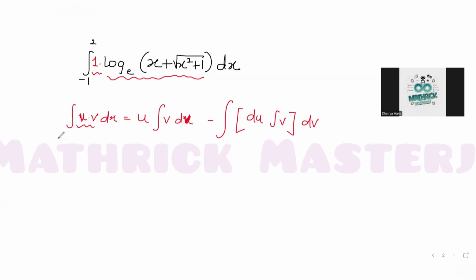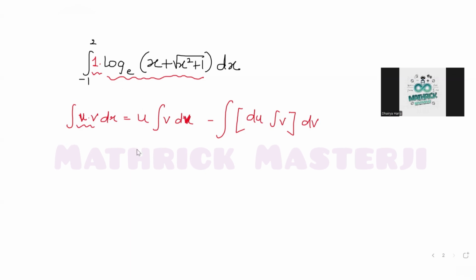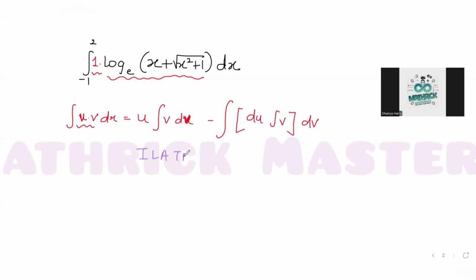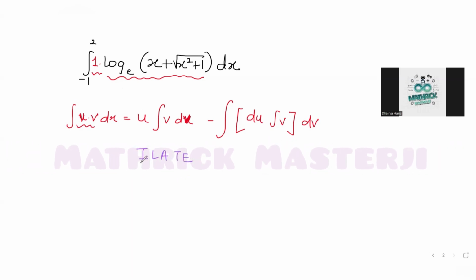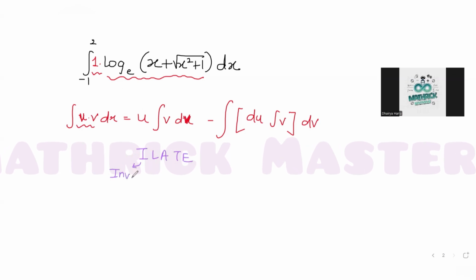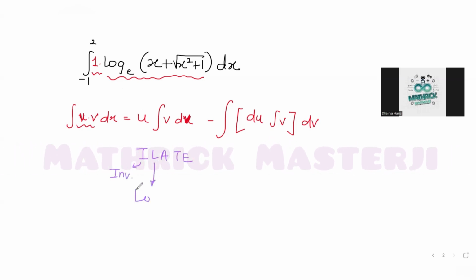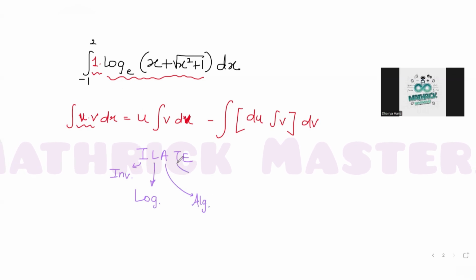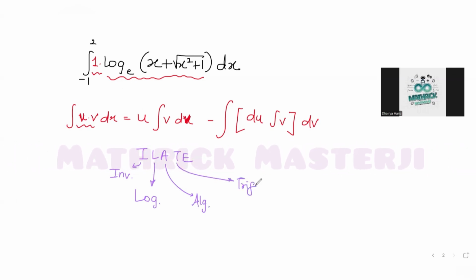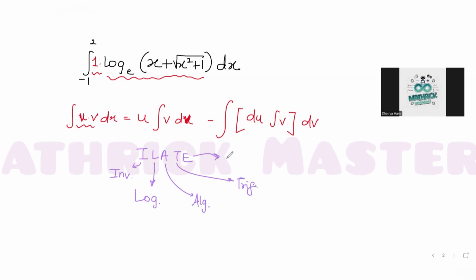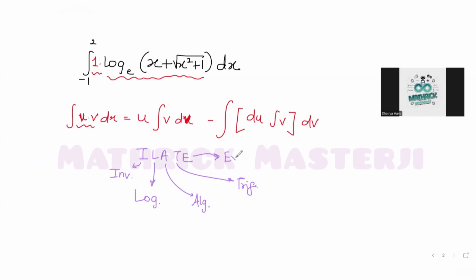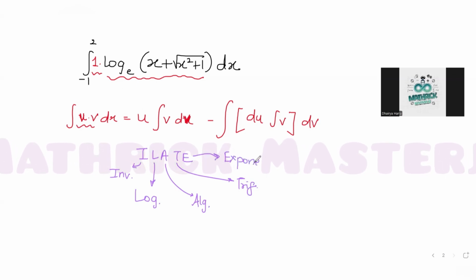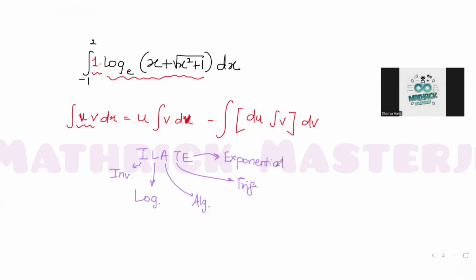We decide according to the rule ILATE. I stands for inverse trigonometric functions, L for logarithmic, A for algebraic, T for trigonometric, and E for exponential functions, which come at the end.